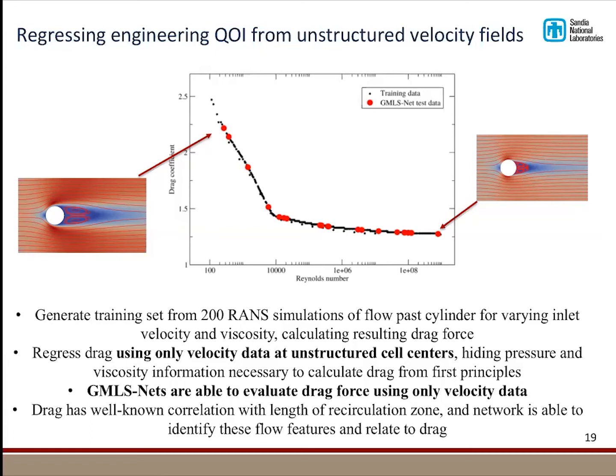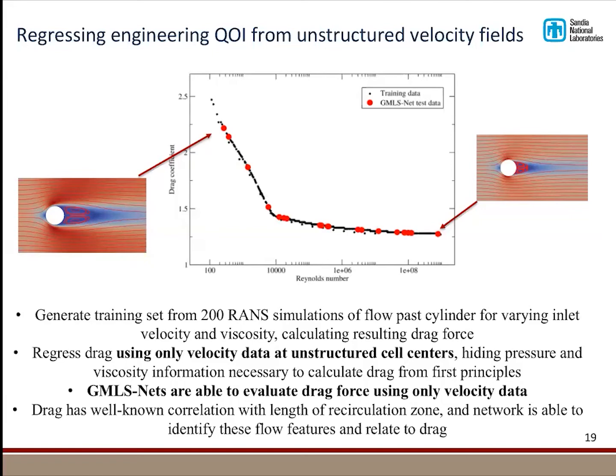So in order to actually calculate the drag, you need the pressure, you need the viscosity in order to calculate it from first principles. But what people know from dimensional analysis is that you can actually collapse the drag coefficient for this problem onto a single curve, and that it correlates directly with the length of the recirculation zone.